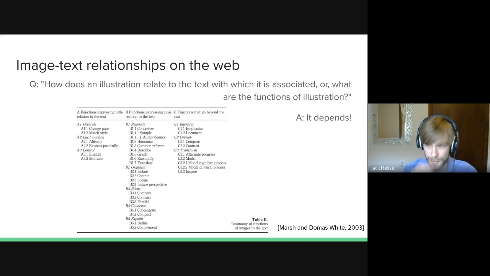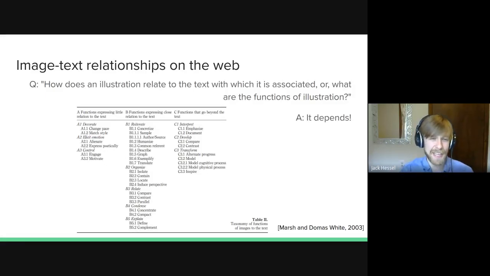Their answer to this question was essentially that there are lots of different ways that images and text can relate on the web. So they developed this taxonomy where they argue that text can decorate images, text can organize images, and so on. And so lots of different relationship types.